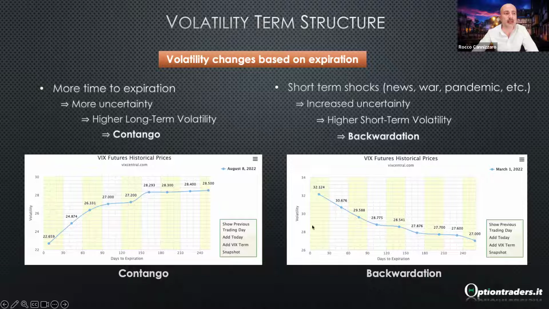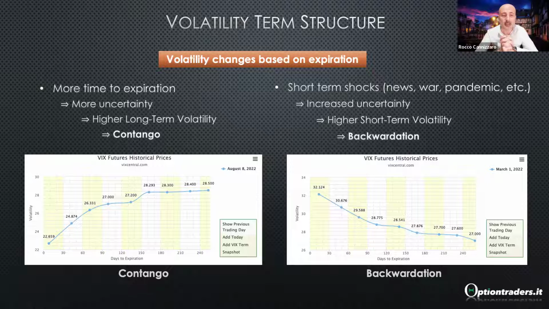Now, again, it's not always going to be that nice, where it's either all in contango or all in backwardation. There is some kind of mix and match, right? Some parts of the volatility term structure are in contango, and some parts are in backwardation. So how do we take advantage of this?